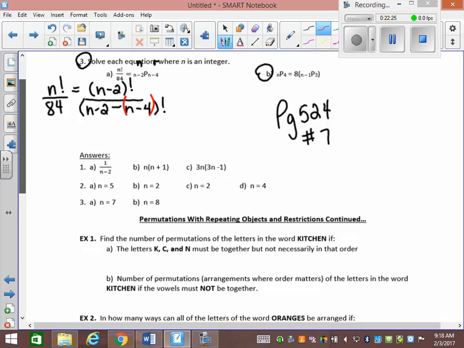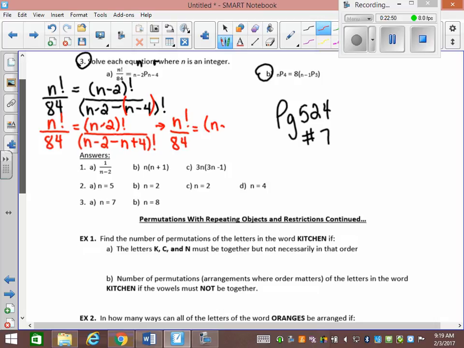So technically you'd have n factorial over 84 equals n minus 2 factorial over n minus 2 minus n plus 4 factorial, because you have to distribute that negative in. So you get n factorial over 84 equals n minus 2 factorial over n, and n cancel.